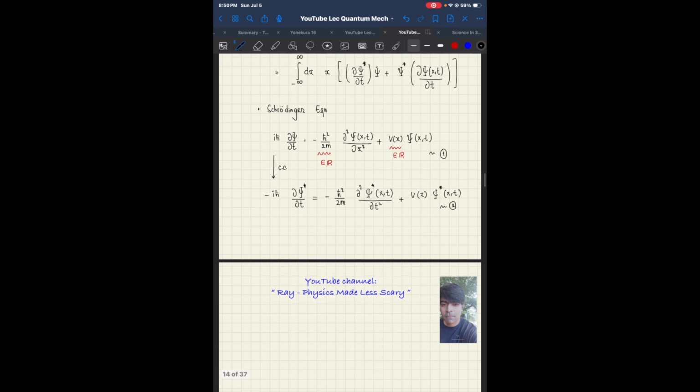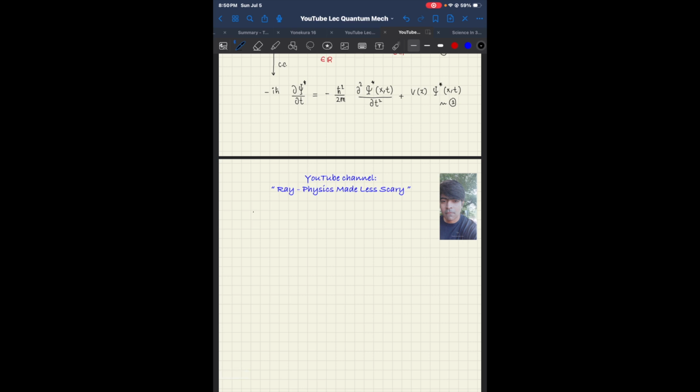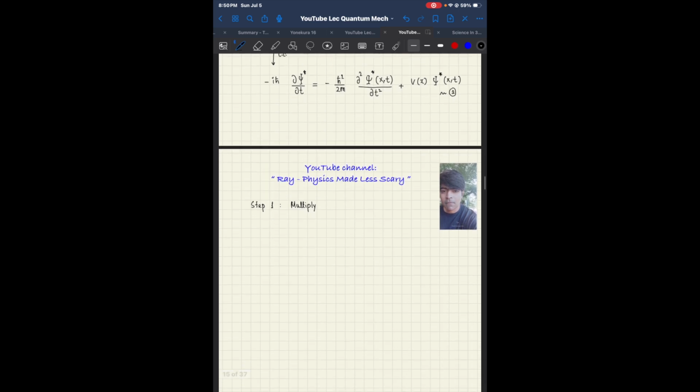Equation 2, from 1 and 2. Step 1, multiply equation 1 by psi star from left, and step 2, multiply equation 2 by psi from right.